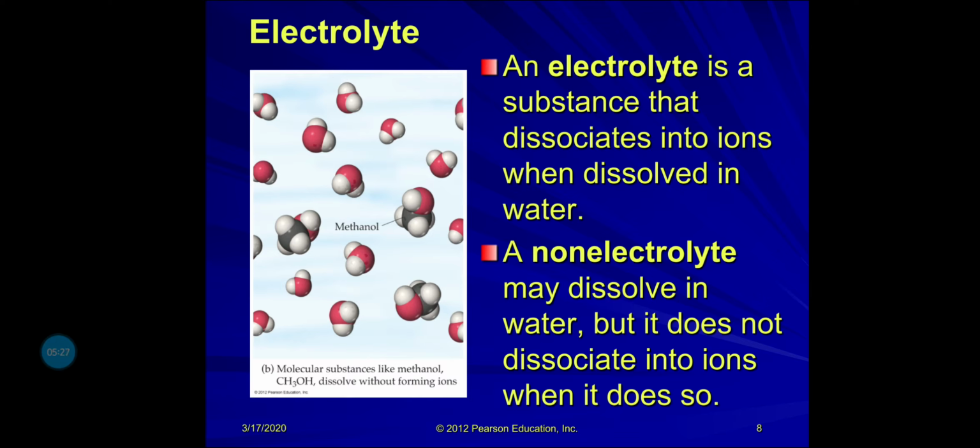That means all ionic compounds, acids and bases are electrolytes. Whereas non-electrolytes are all molecular compounds. When you dissolve them in water, they disappear in the water, but they do not break up into forming cation or anion. And that is why they are called non-electrolyte. An electrolytic solution can conduct electricity, whereas non-electrolytic solution can never conduct electricity.